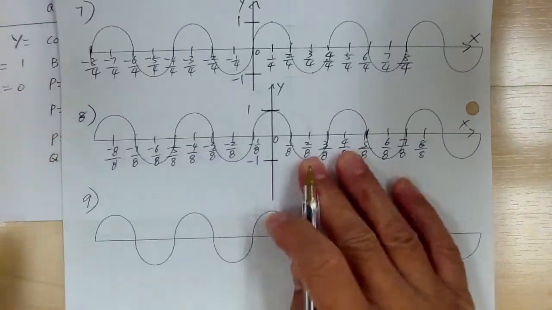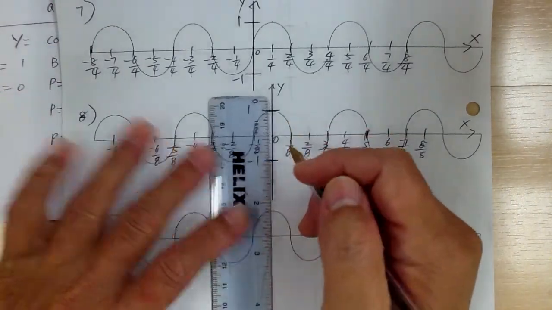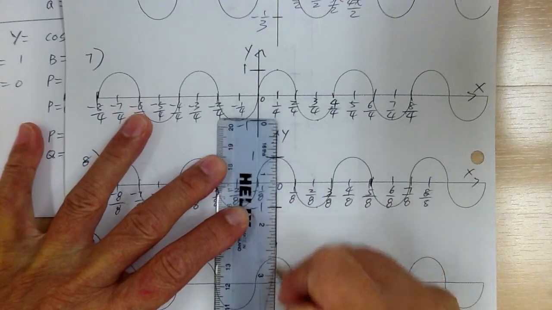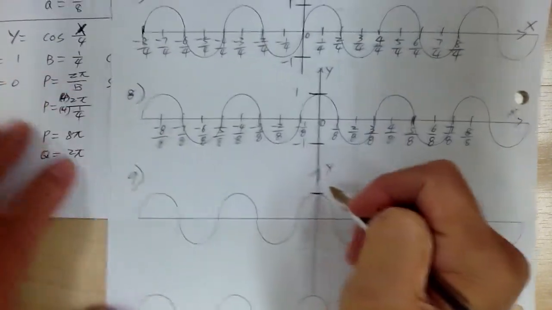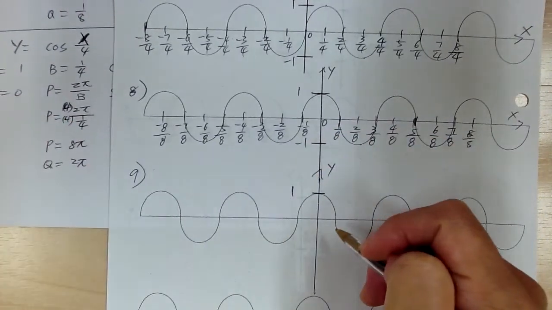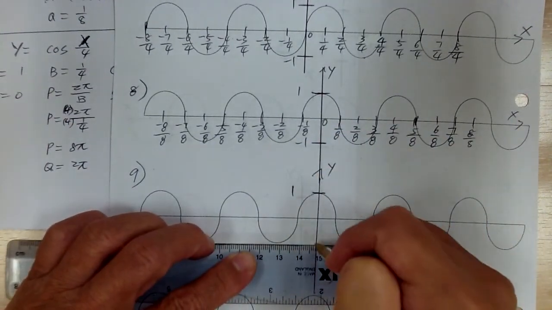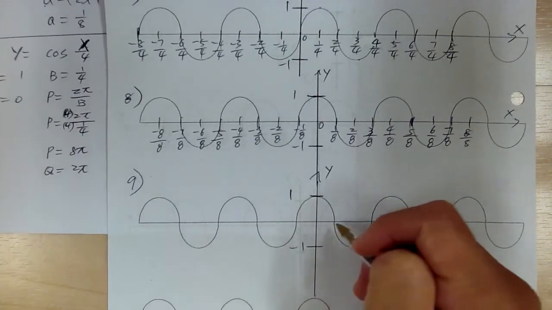Okay, so number 9, this is the cosine graph. So the cosine graph starts from the very top. And your amplitude is 1, so that's 1. That's your -1.